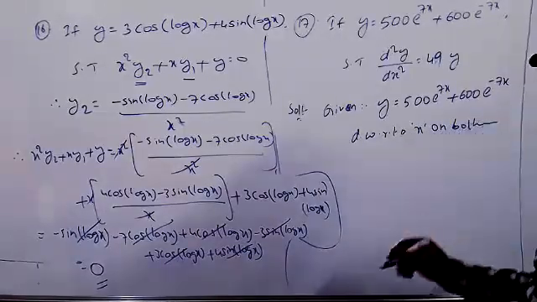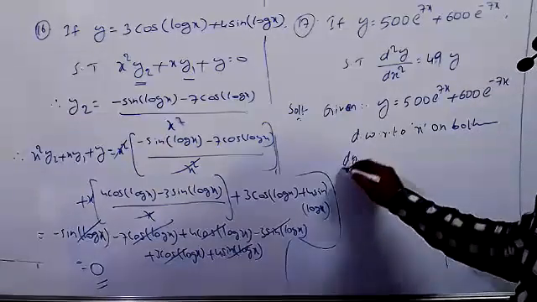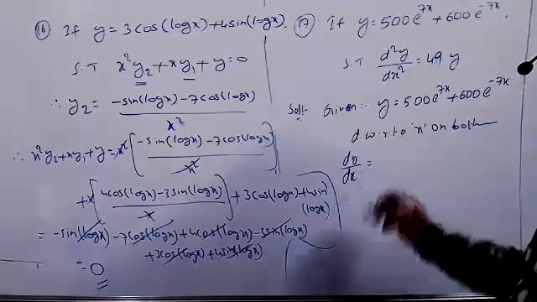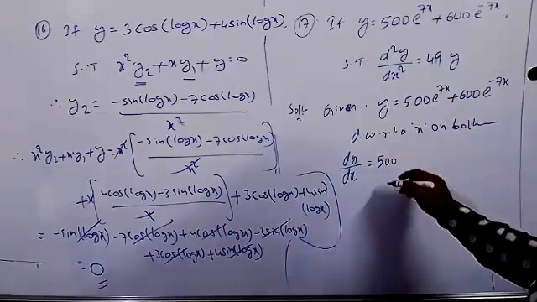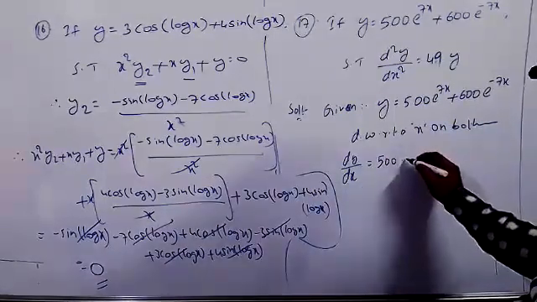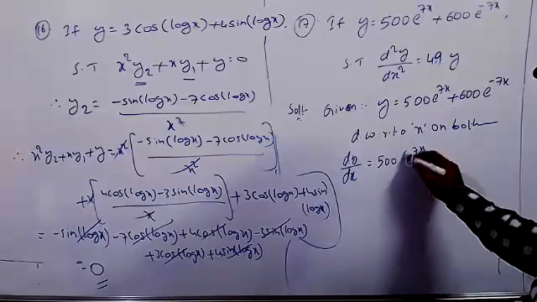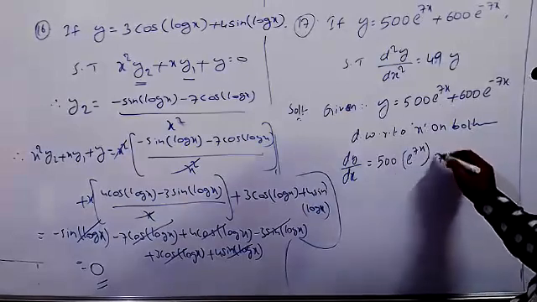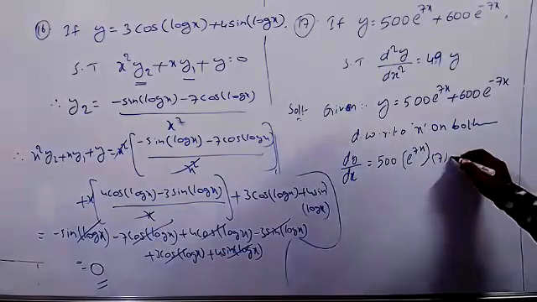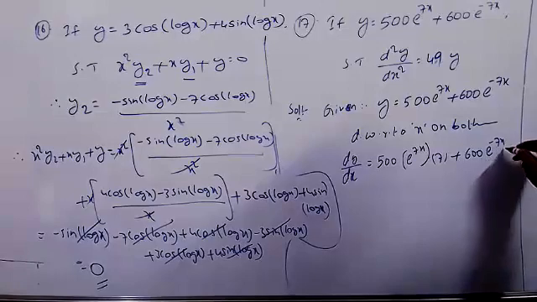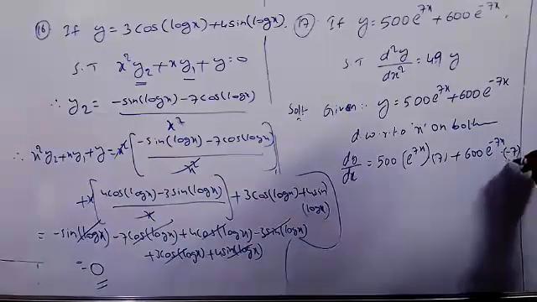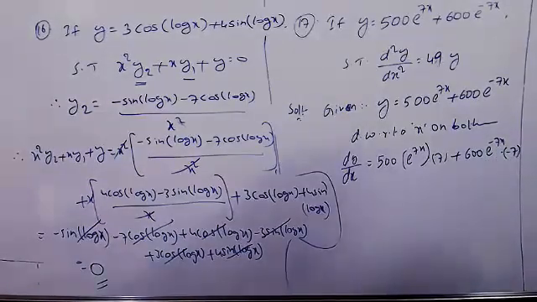Therefore, dy by dx equal to, anyhow 500 is the constant value now. So 500 into e power 7x, you can write now e power 7x into 7, plus this one you can write now 600 into e power minus 7x into minus 7.